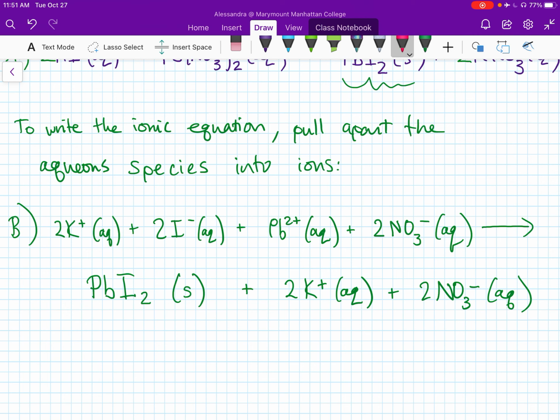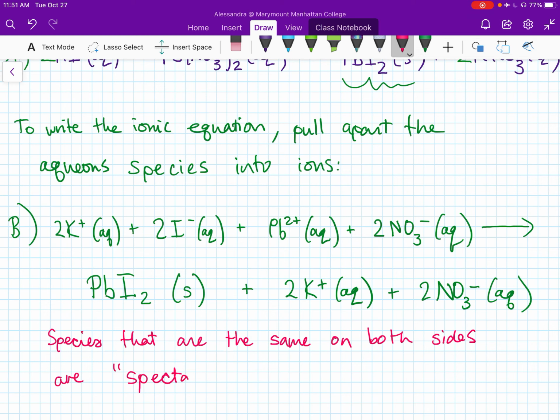Now, I want you to notice something about this ionic equation. We have certain species that are the same on both the products and the reactants side of the reaction. These are called spectator ions.